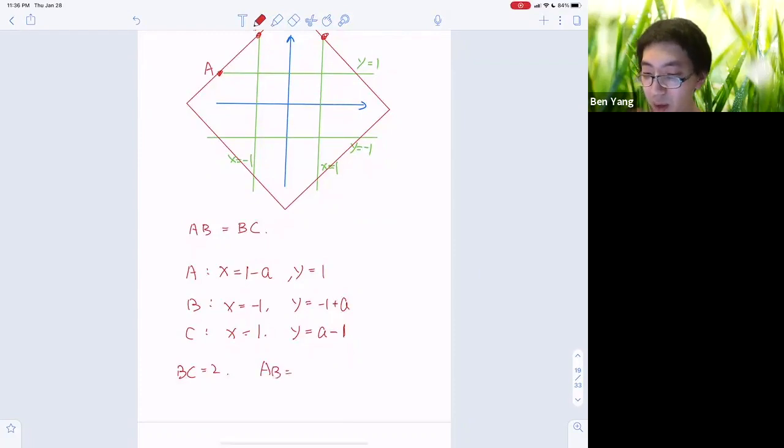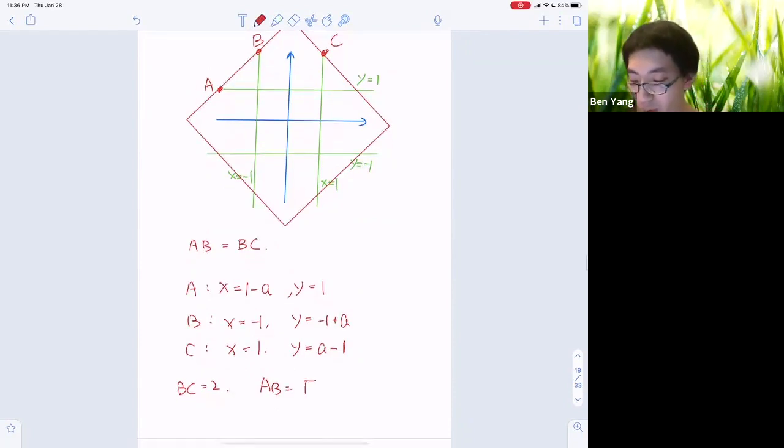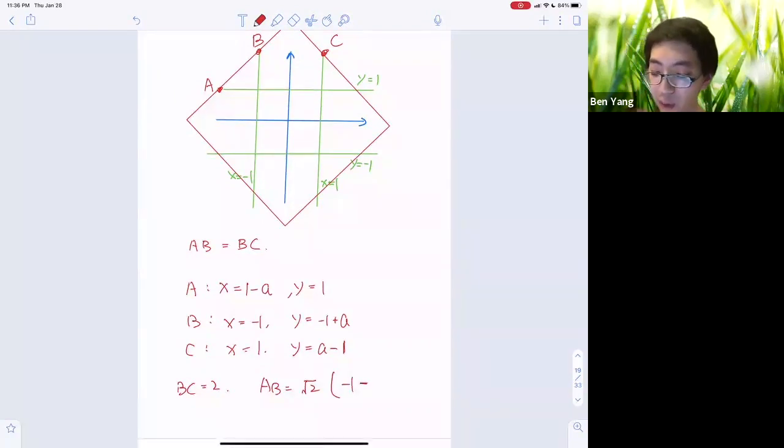AB is equal to, again, this is the right isosceles triangle, so AB is equal to root 2 times the x coordinate of B minus the x coordinate of A. So root 2 times the x coordinate of B, which is -1, minus the x coordinate of A, which is 1 minus a.